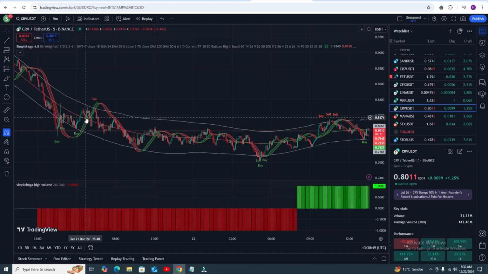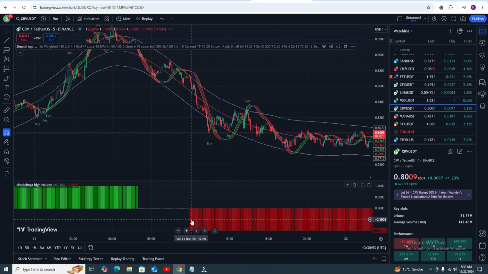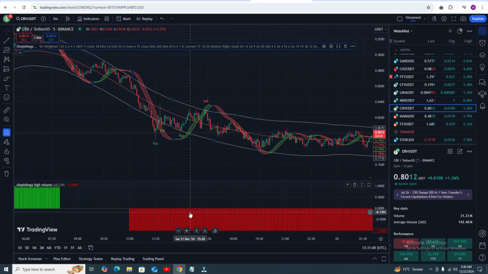Okay, first watch when this column starts. Here you can see the red area start from this point. Then you have to watch where the candle is, either upside from the middle line or below.